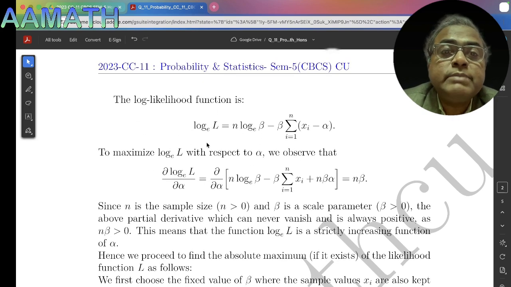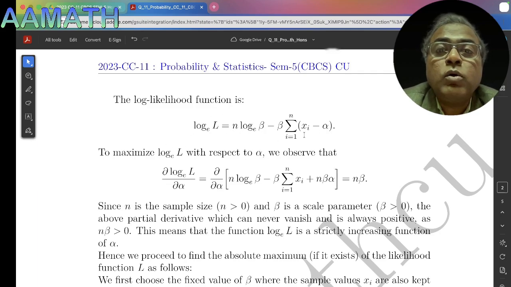Now we want to maximize the log L function. Actually, we want to maximize L and hence log L also with respect to alpha and beta. So take the partial derivative del alpha of log L to the base e, because log L is also a function of alpha and beta.